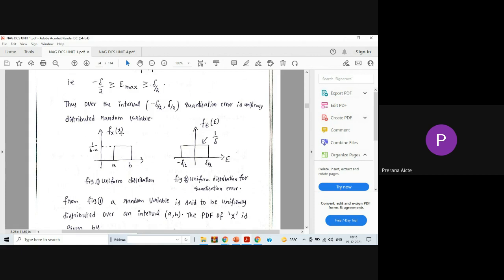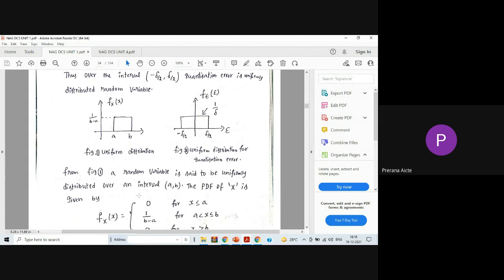In place of x, assume the quantization error is uniformly distributed over the interval minus delta by 2 to plus delta by 2. Then its probability density is 1 by b minus a, right? In place of b, here delta by 2, in place of a, minus delta by 2. So 1 by delta by 2 minus of minus delta by 2. So we are getting 1 by delta.